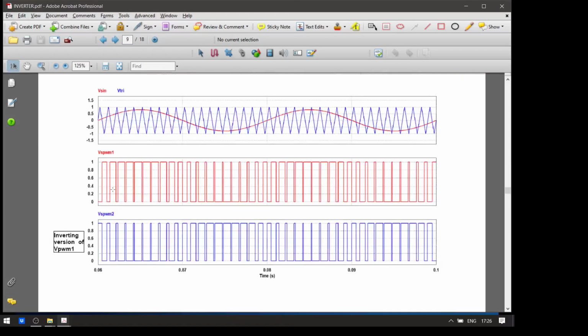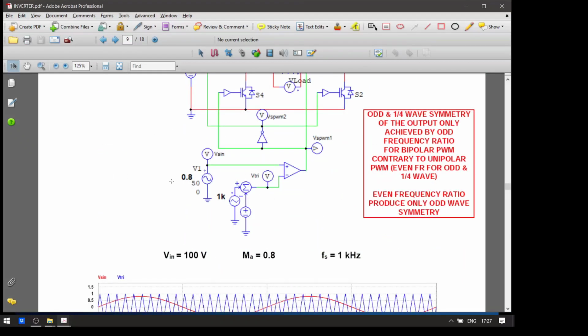So conventionally, as in this circuit, what we do to generate all these pulses is we have two signal generators, the sinusoidal slow frequency generator and the high frequency triangular carrier signals, and then we compare them with this comparator.